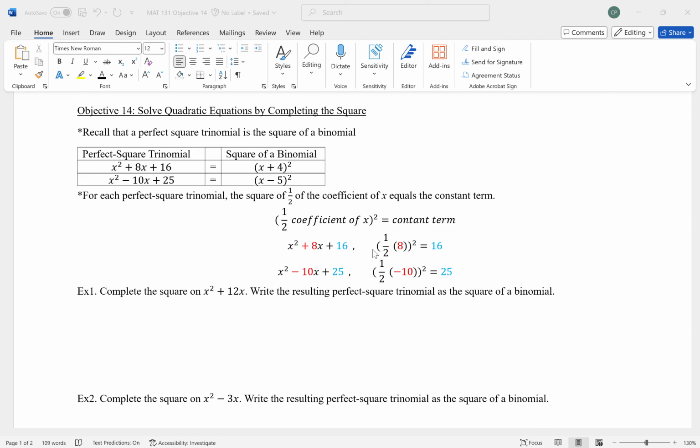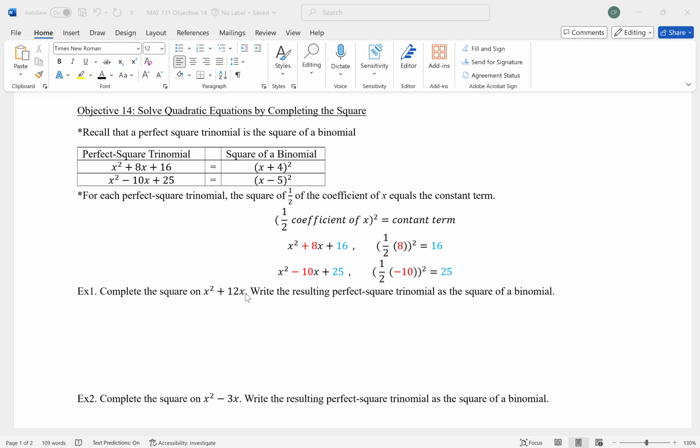So when we complete the square, for these problems, the number in blue, the 16 and the 25, we had that number right there, okay? But when we complete the square, it's like that number is missing, okay? So let's look at the first example so you can kind of see what I'm talking about. For example 1, we're going to complete the square on x squared plus 12x.